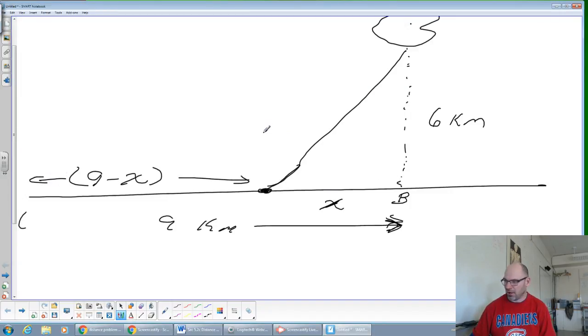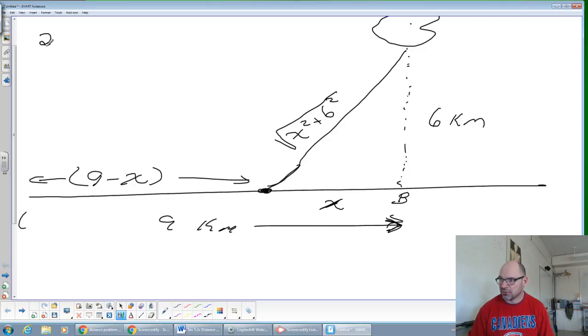So then the hypotenuse for this triangle is going to be the square root of X squared plus 6 squared, because this side squared plus this side squared equals that side squared, and we have to square root it. So the cost across the water, okay, so if we're doing the cost now, the cost is down the beach takes $2 per kilometer along the beach.